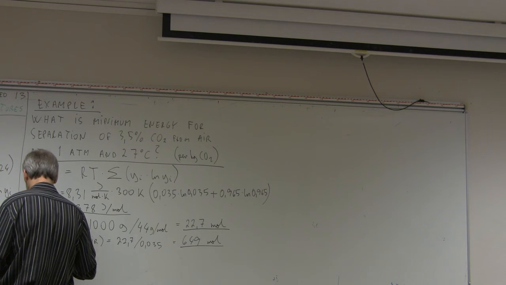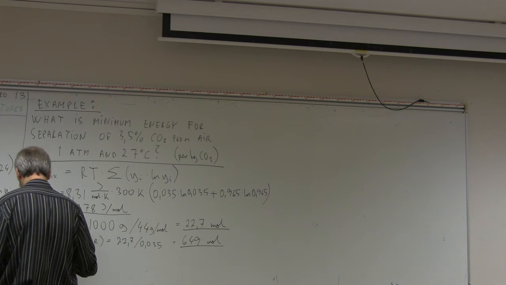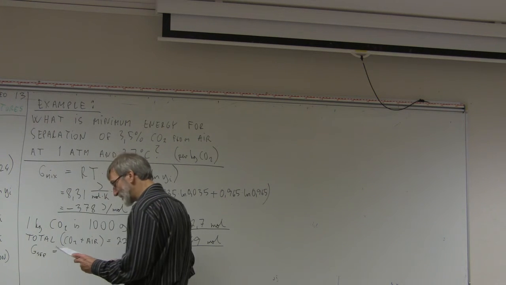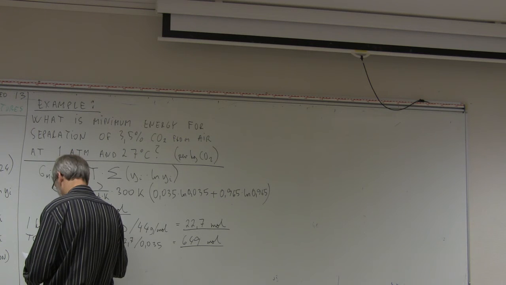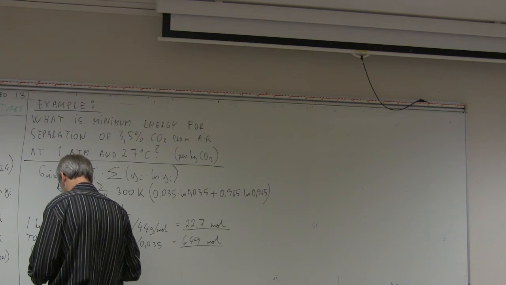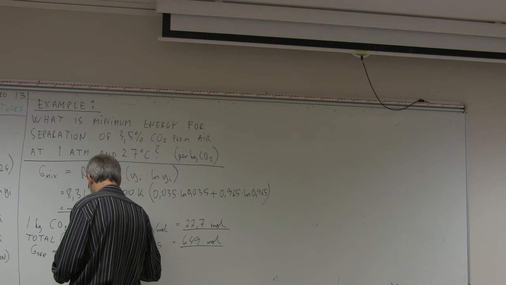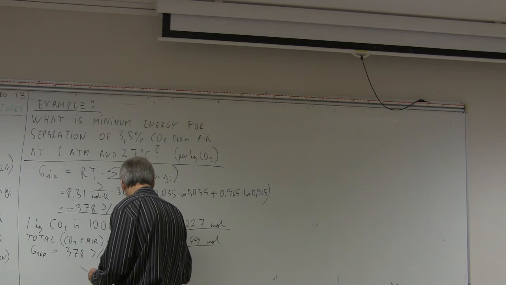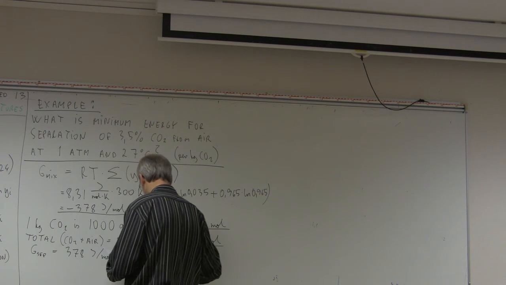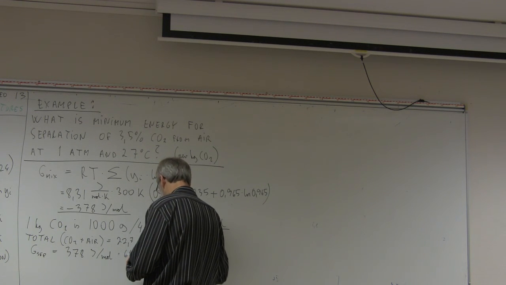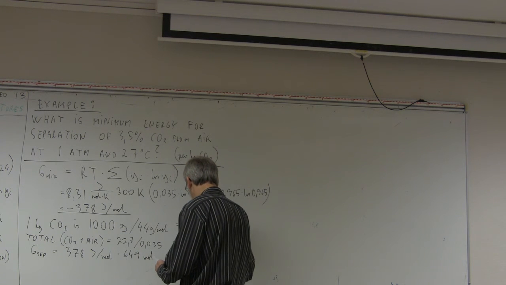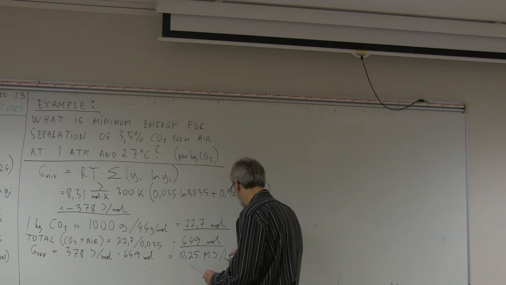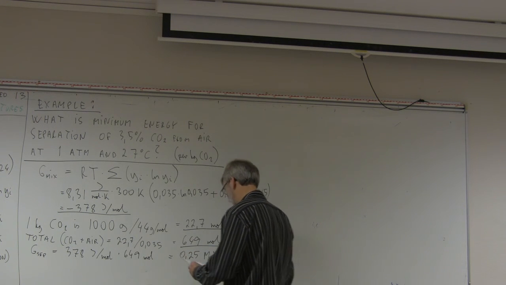Then the free energy of separation, or G mix, is 378 joule per mole times 649 mole, and that is 0.25 megajoule per kilo CO2.